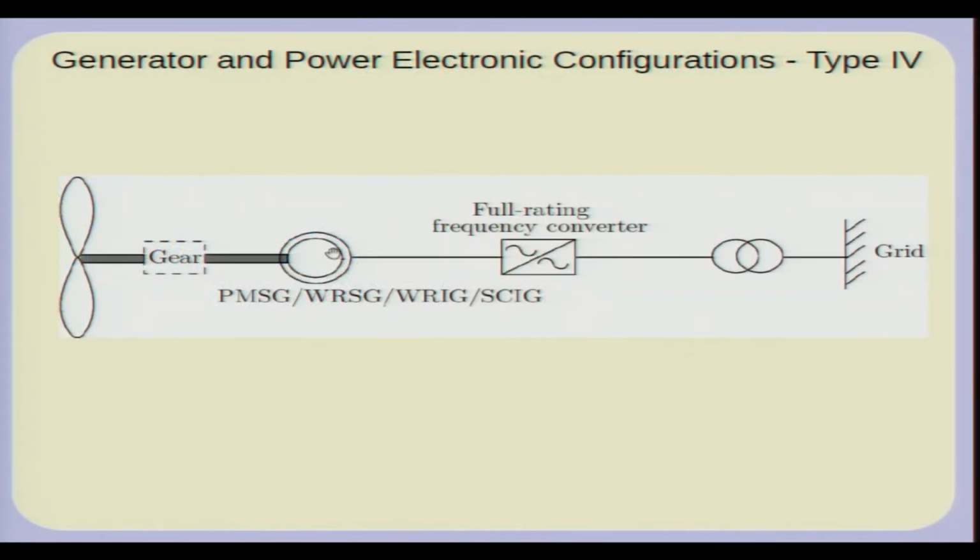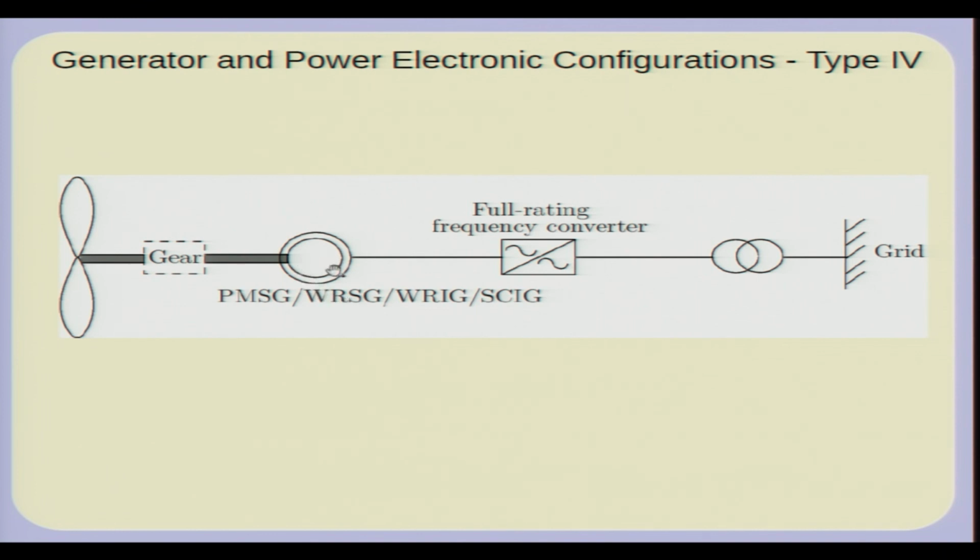So, with this, in this lecture we have understood 4 kinds of converter wind turbine generating systems. The last turbine generating system can have any kind of generator. It could be a permanent magnet synchronous machine, a wound rotor synchronous machine, a typical synchronous machine, a wound rotor induction generator or a squirrel cage induction generator.